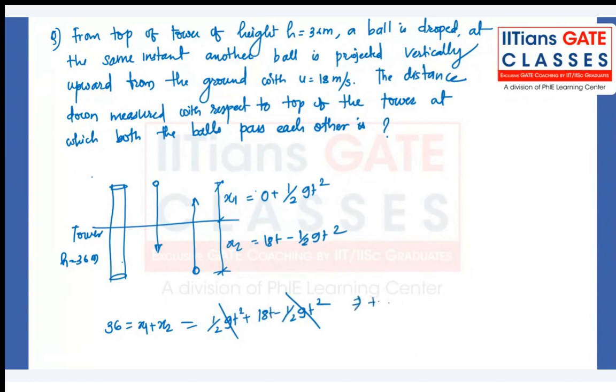So after 2 seconds, they will meet or cross each other. So x1 will be equal to half into 9.81 into 2 square. So that is 19.62. Yeah, that's the final answer. Is it clear to you all? Any doubt in this?